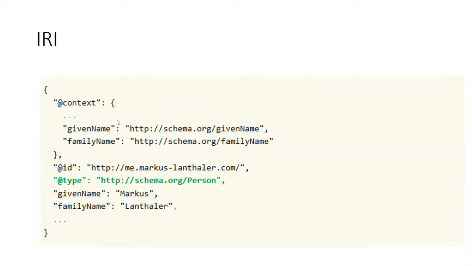And then we have an @id pointing to markuslandthaler.com. There we would like to identify the guy called Markus Landthaler, and that's done by the @type, where we're pointing to the schema for persons, and then we can inherit that given name and family name, and we can define that.